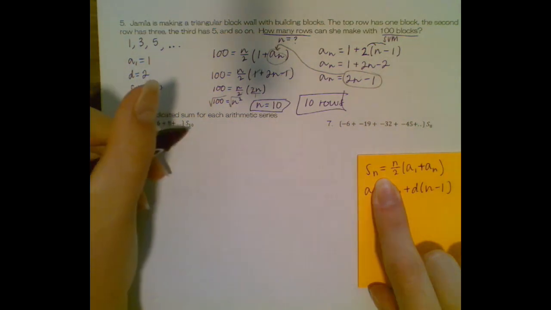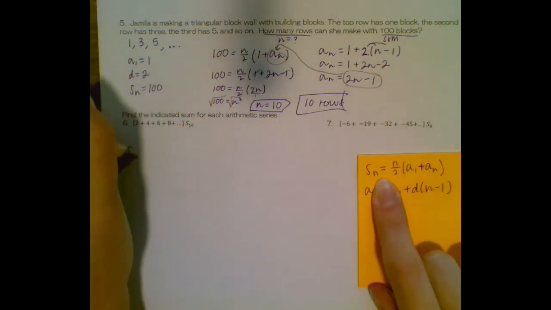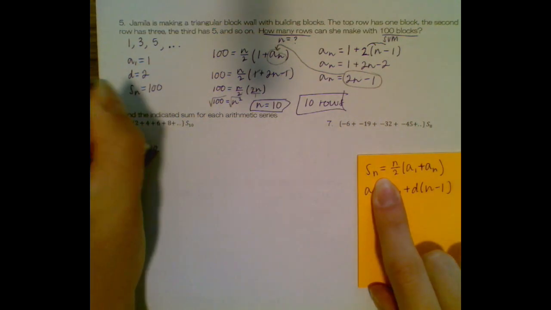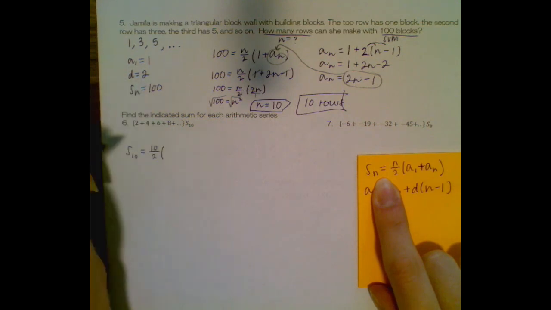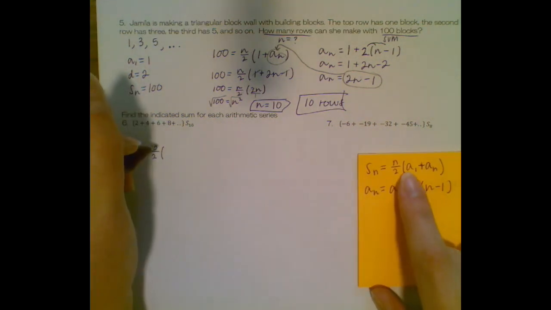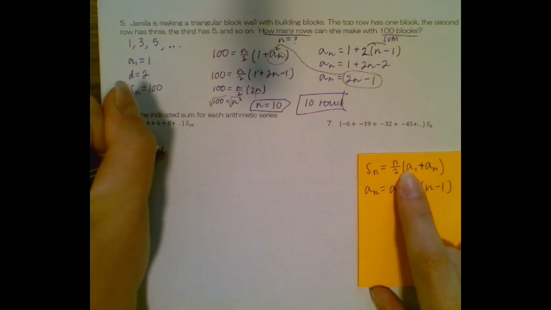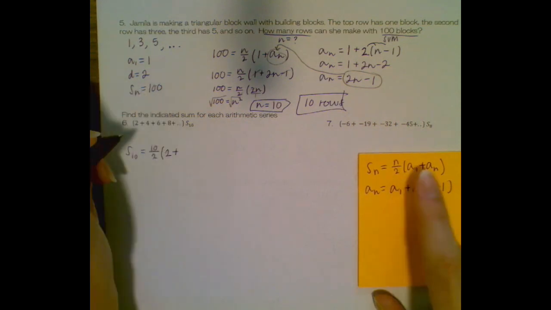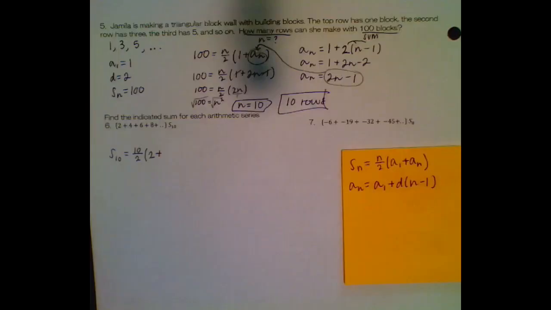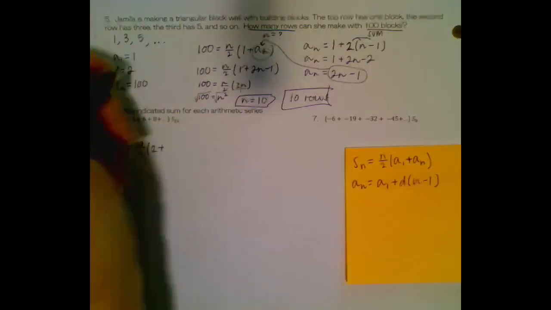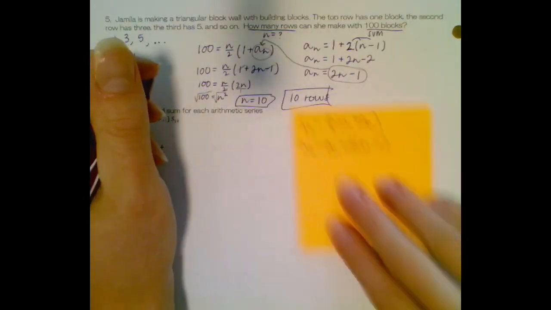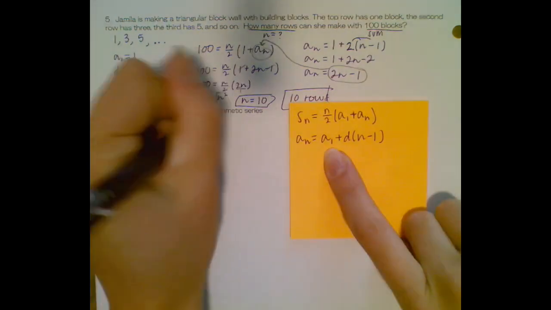So looks like we want to find s sub 10. So n is 10. A sub 1 is 2 plus, we need the last term, so we need to figure out what the 10th term is in that sequence. So we have to use this formula here, okay?